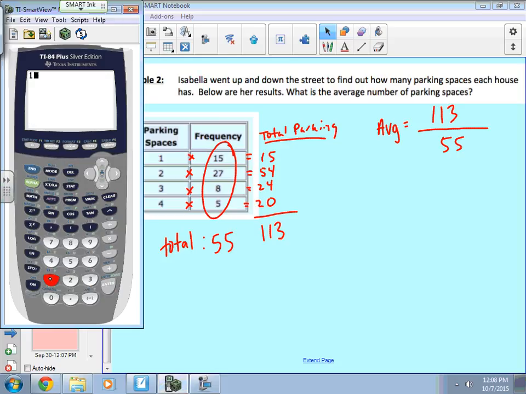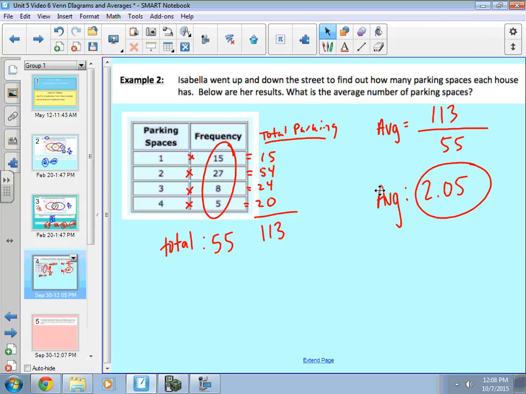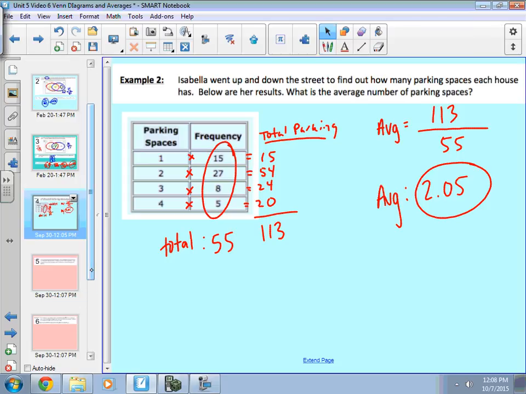So if we take 113 divided by 55, it means on average there was 2.05 parking spaces each time. Okay, so for average you want to look at adding them all up over how many times it happened.